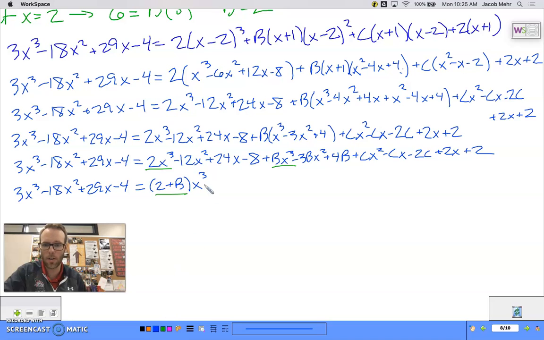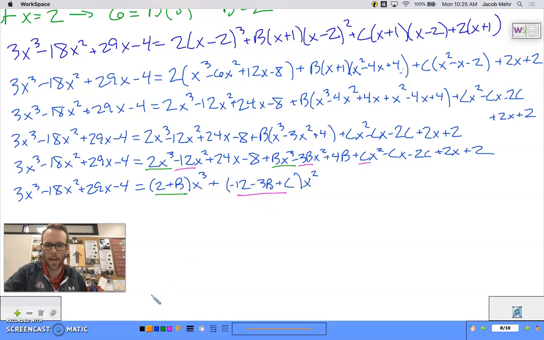Now let's go on to the x squared terms. Let's see, I have a negative 12, I have a negative 3b, and I have a c. So we have a total of negative 12 minus 3b plus c x squareds. Again, boom, boom, boom, gives me that many x squareds.